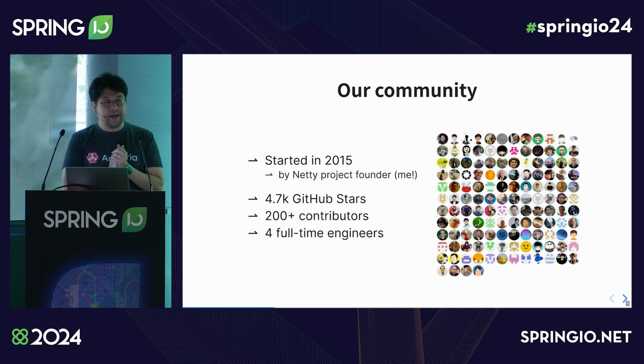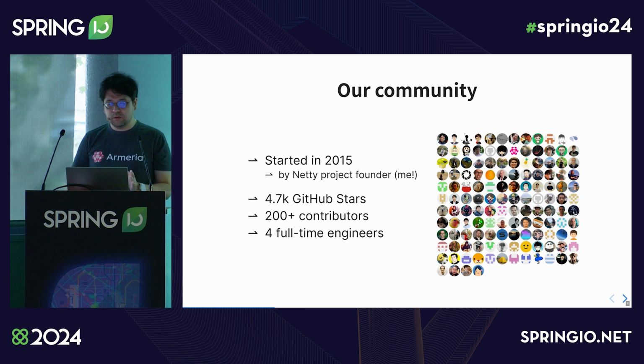Okay, so we now know what Armeria is, but we don't really know much about the people behind the project. We obviously don't want to rely on a project without a good community, right? So Armeria is an open source project started about 9 years ago by me.